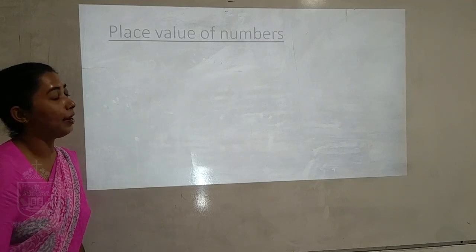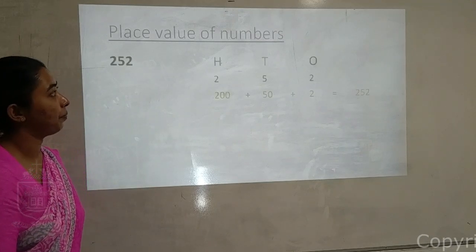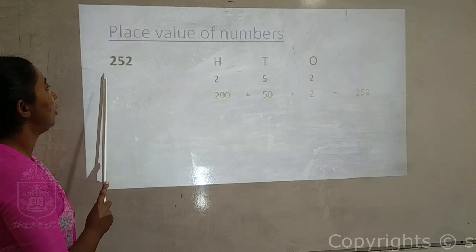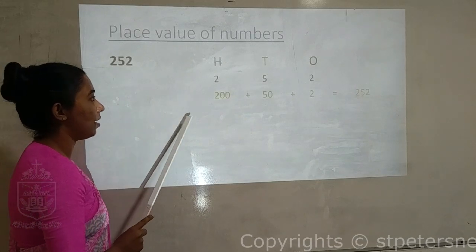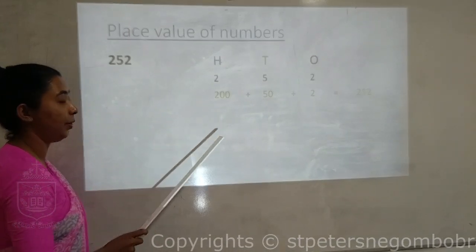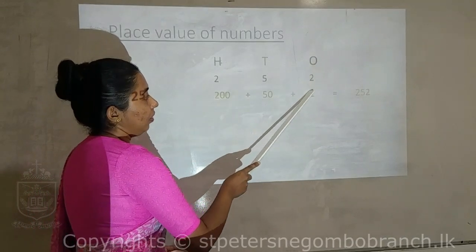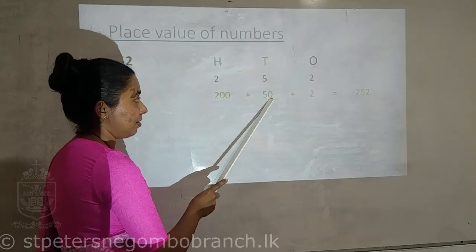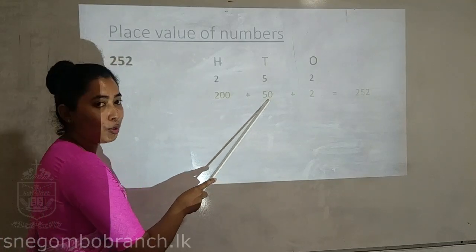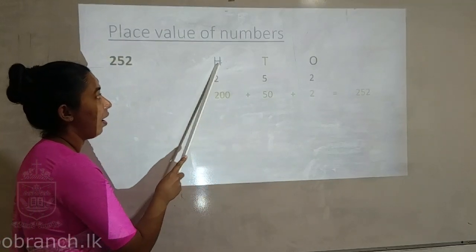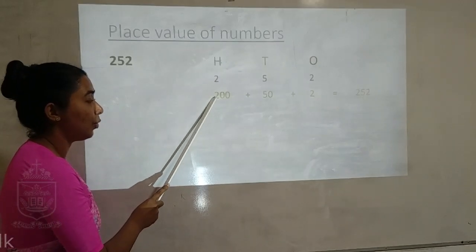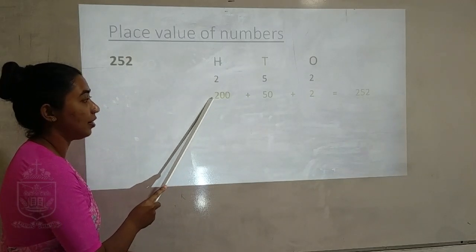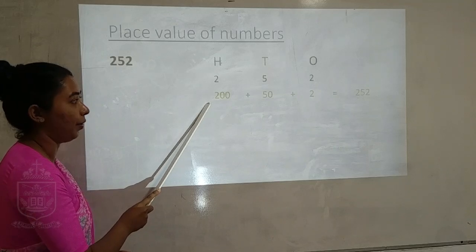Now let's have a look at the place value of numbers. 252, as we learned earlier. There are 2 ones. There are 5 tens. 5 tens is equal to 50. And there are 2 hundreds. 2 hundreds is equal to 200.